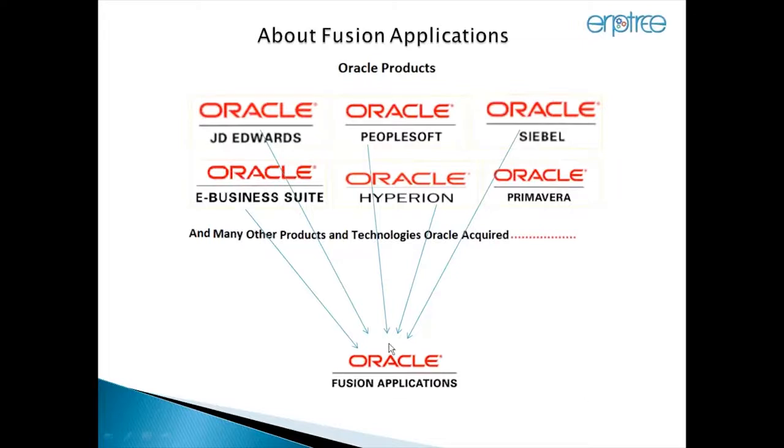If a client uses Oracle Fusion applications, in the background they'll be using PeopleSoft for their HRMS solution, which you call HCM, Human Capital Management. If the client uses the CRM solution as part of Fusion applications, that is a legacy of Siebel. The Siebel CRM is what we have as part of Fusion applications. And if they use Fusion Financials, that is nothing but EBS Financials moved to Fusion.